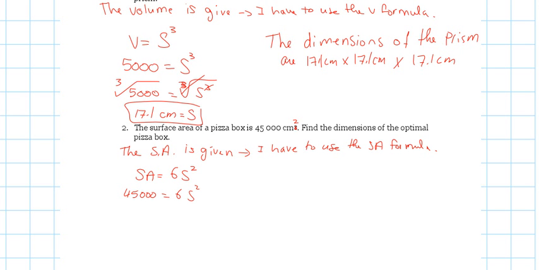Surface area divided by 6, you mean? Yeah, so first thing is I want to get rid of that 6 because I'm isolating for S. So bring it over, it becomes division. So 45,000 divided by 6, and then square root.